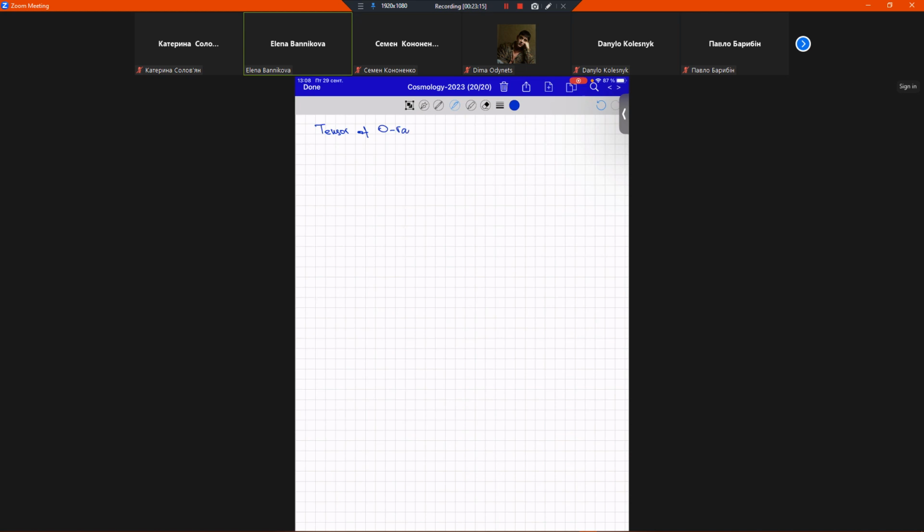So what is this? This is a scalar, the same as a scalar. And if we look at this transformation, we understand that the tensor of zero rank, the scalar, doesn't change from one coordinate system to another coordinate system.